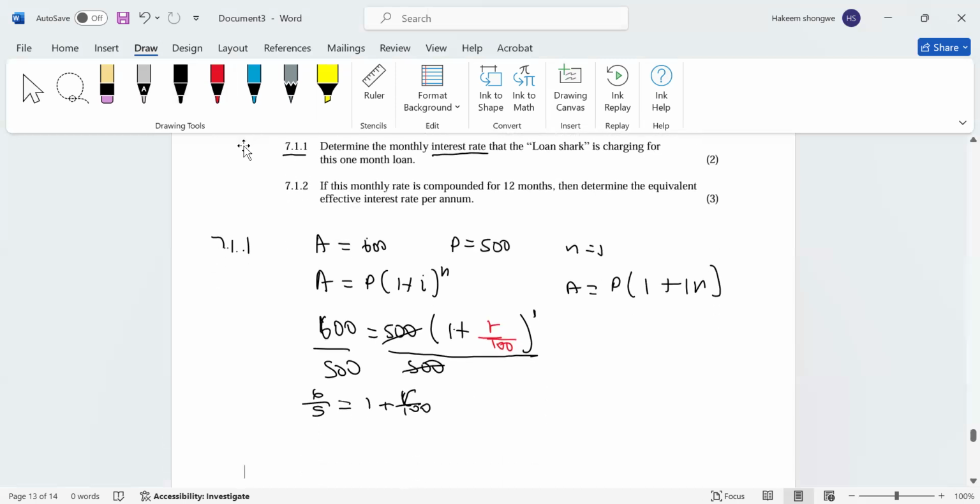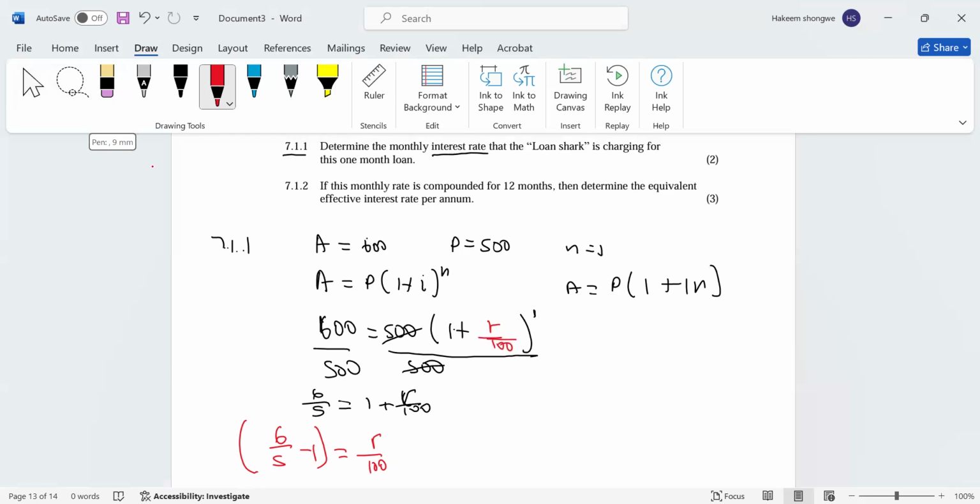Then we take that 1 to the left-hand side: 6 all over 5 minus 1 is equal to r all over 100, which is 0.2.